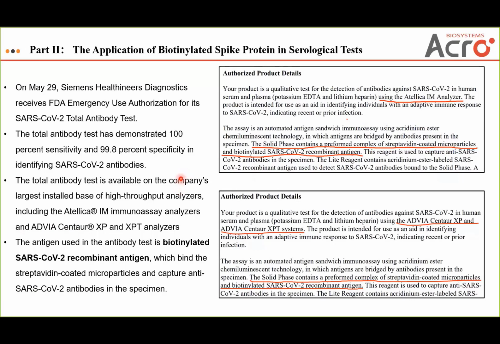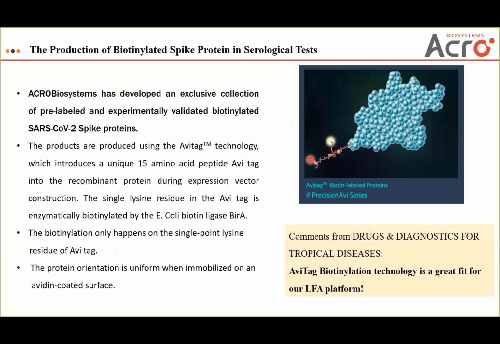The total antibody test has demonstrated 100% sensitivity and 99.8% specificity in identifying SARS-CoV-2 antibodies. The antigen used in the antibody test is biotinylated SARS-CoV-2 recombinant antigen, which binds the streptavidin-coated microparticles and captures anti-SARS-CoV-2 antibodies in the specimen.